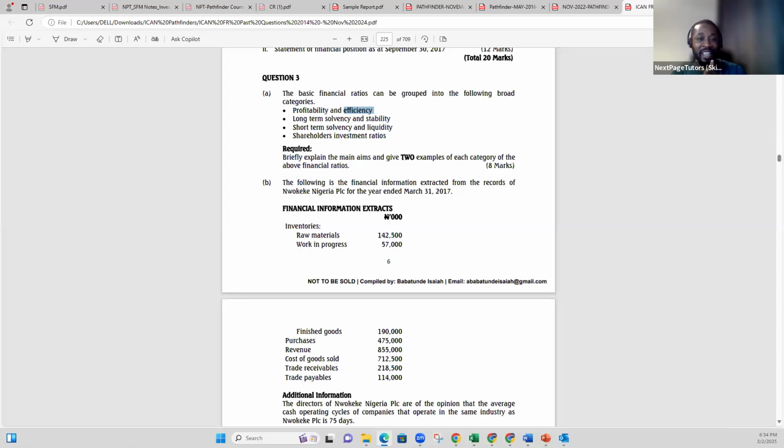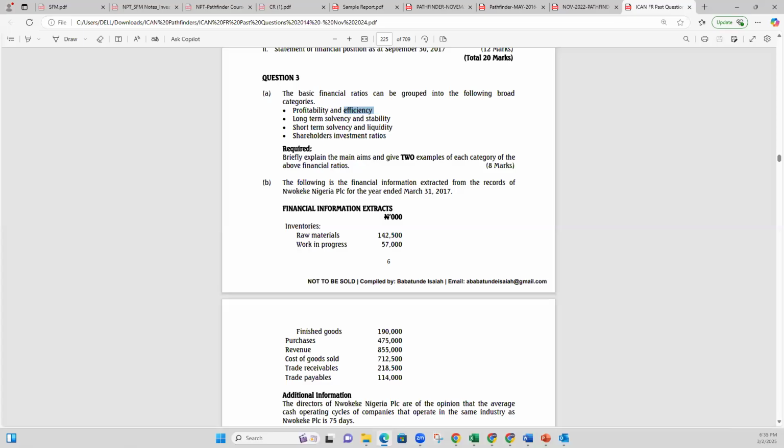Long-term solvency and stability. Fatia. Good evening, sir. Good evening. Okay, so the long-term solvency ratio is talking about the debt and equity components of the company, how the company is able to resolve their debt faster.